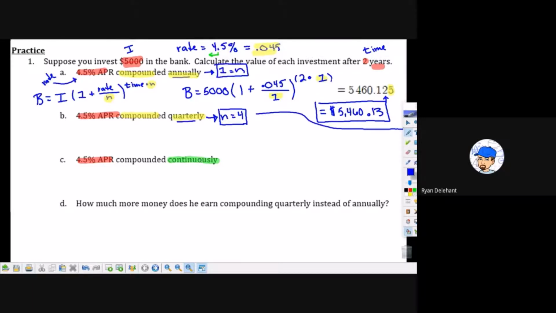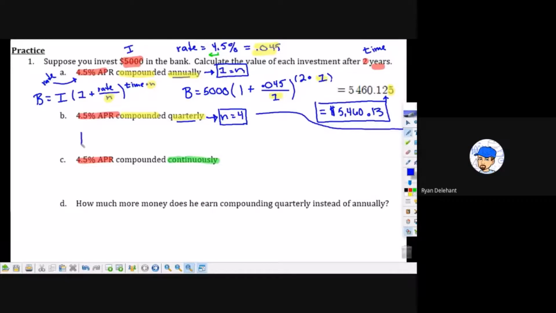Now, when we work down to B, because we're going to compare some of this stuff, the only thing that I'm changing is this n value. I'm still 4.5%. I'm still $5,000. I'm still 2 years. So every part of the formula with the numbers in it stays the same except where I highlighted yellow here.